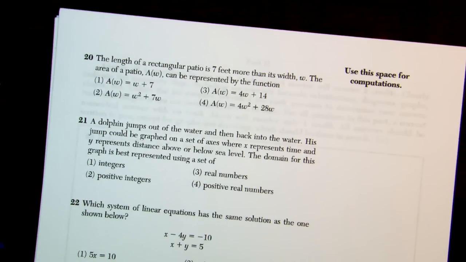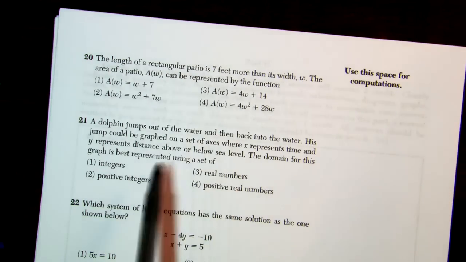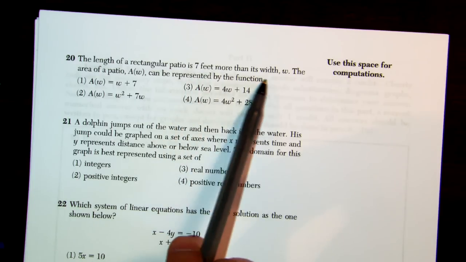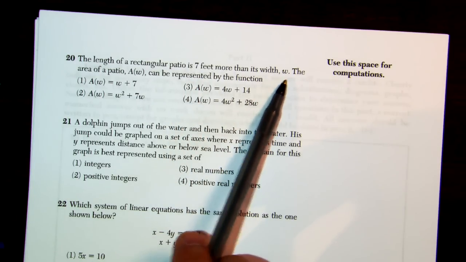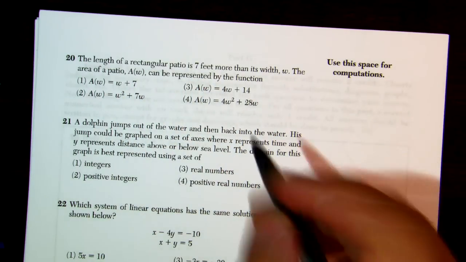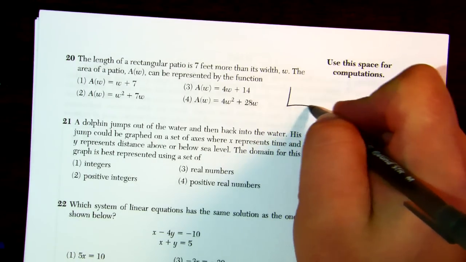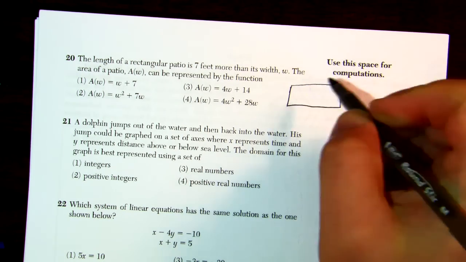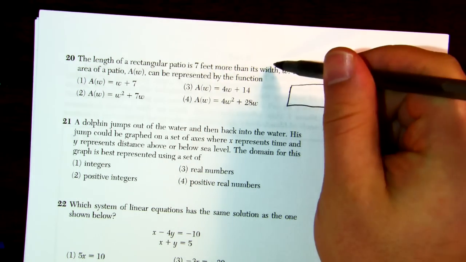Number 20. Says the length of a rectangular patio is 7 feet more than its width w. The area of the patio can be expressed by the function. Alright, so we have a rectangular patio. Let's draw that out. Here's my little rectangle. It says it's 7 feet more than the width.